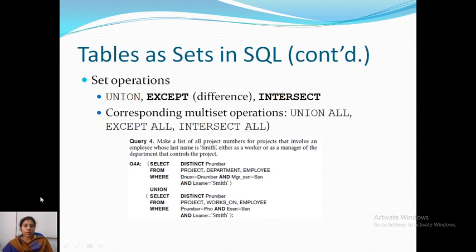What is type compatible? The number of attributes in both operand relations must be the same and the domains of these attributes must match. Then it will be called type compatible. So we'll get the desired result.